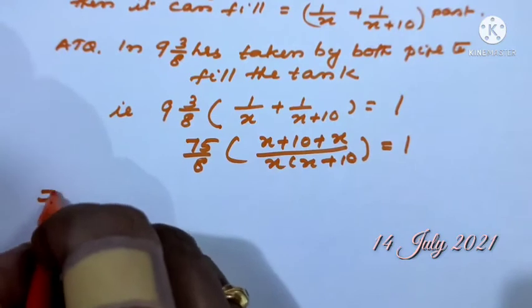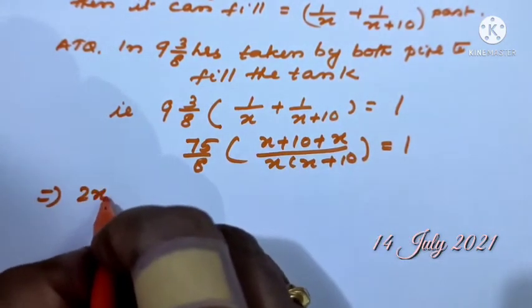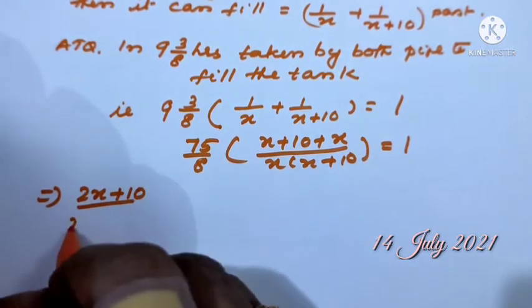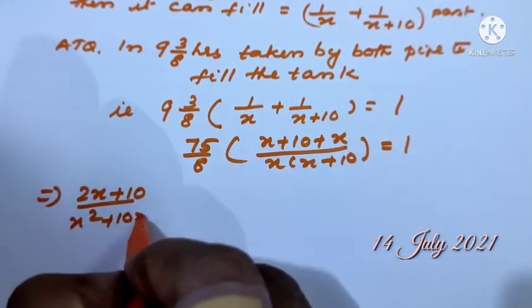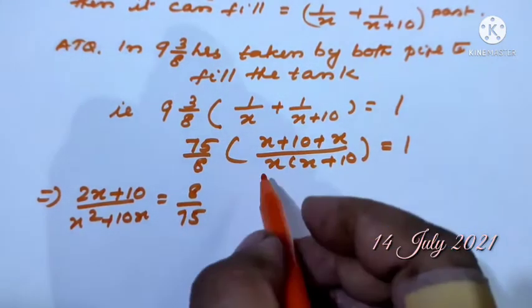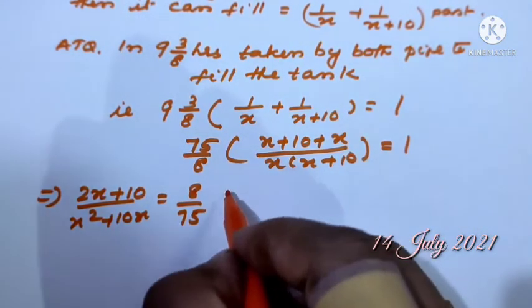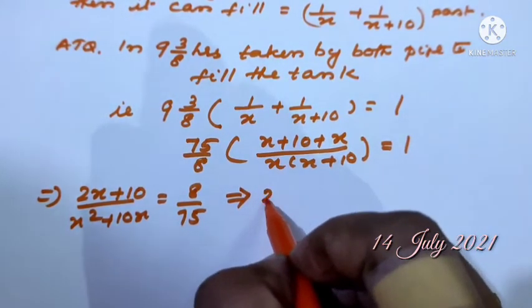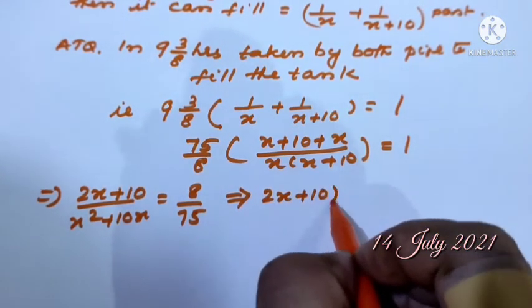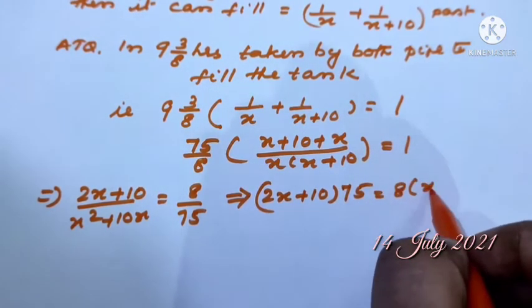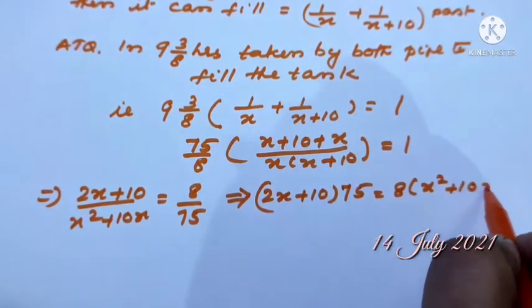So this implies 2x plus 10, right? x square plus 10x equal to 8 by 75. What is the next step? We have to cross multiply. So 2x plus 10 into 75, 8 into x square plus 10x.